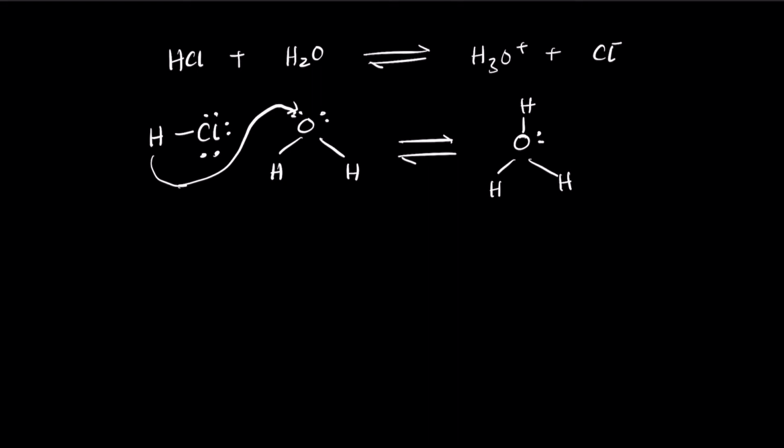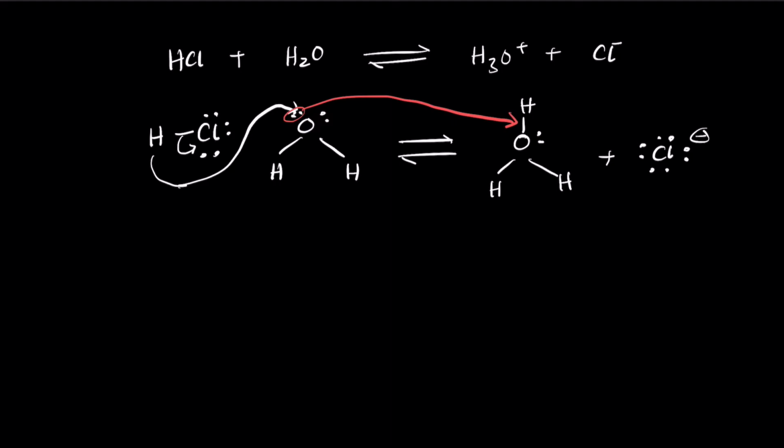The lone pair that you see here is this bond. And the Cl keeps its electrons to itself, resulting in the formation of the Cl minus ion. So this is the idea behind the Bronsted-Lowry definition of an acid and a base.